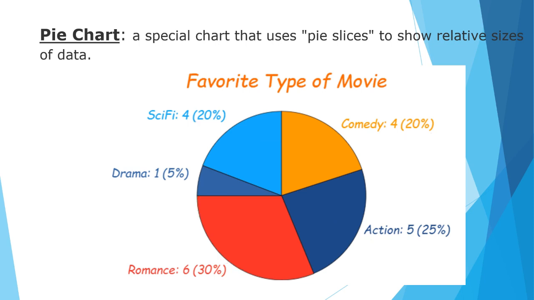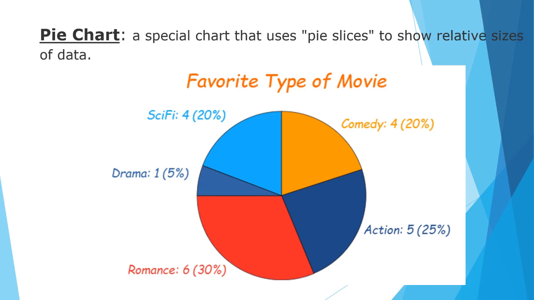Ngayon, makikita nyo kaagad dito lamang sa pie. By the way, you can also color the pie. You can color the different parts of the pie para mas appealing, and then para rin makikita natin kaagad kung ano ang may pinakamalaking bahagi ng pie at ano ang may pinakamaliit na bahagi ng pie.